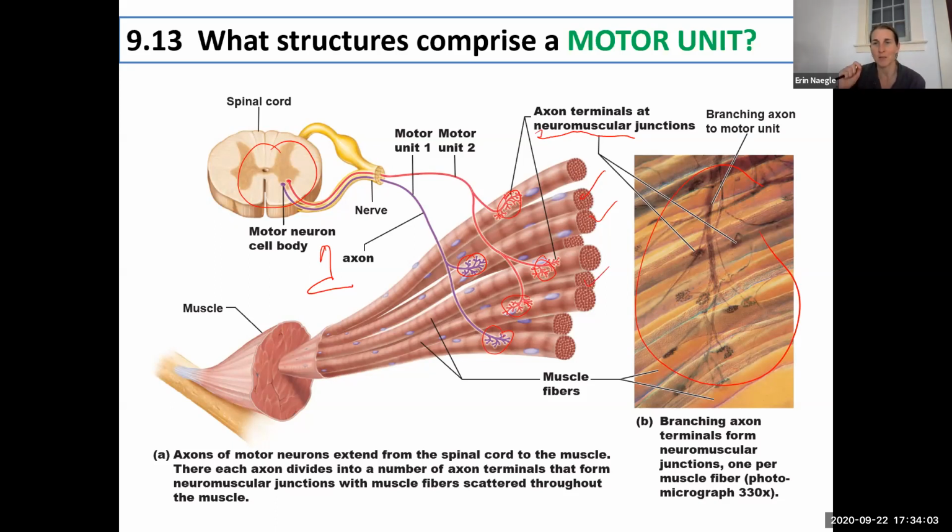So every single muscle cell has 1 neuromuscular junction, and a motor unit is 1 axon and each of the muscle cells that it forms a neuromuscular junction with.